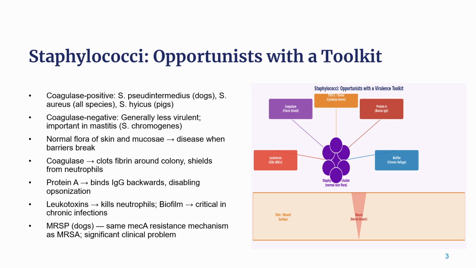Protein A binds the Fc region of IgG, the wrong end, essentially disabling opsonization. These aren't random features, they're evolved countermeasures to the very defenses we rely on. And MRSP, methicillin-resistant S. pseudintermedius, has the same resistance mechanism as MRSA, different species, big clinical problem in companion animals.